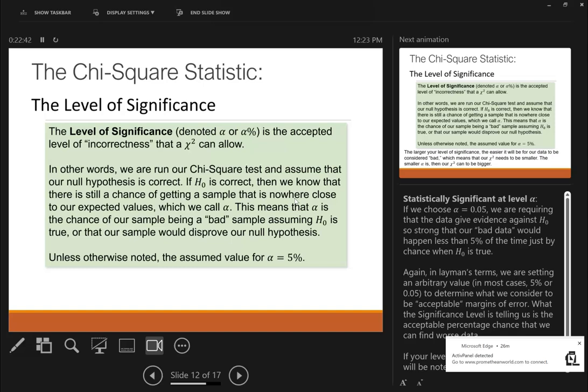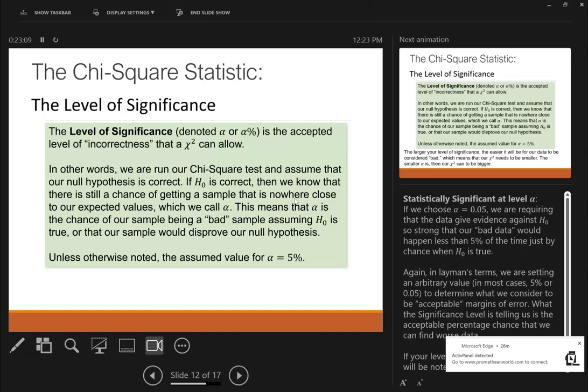So this is that same alpha that we talked about for the t-test. It's the same idea. Depending on what you're testing, your tolerance for a mistake may be higher in some situations than in others. In situations where making a mistake doesn't really cost too much, a level of significance can be kind of high, could be 5, 10, 15%.